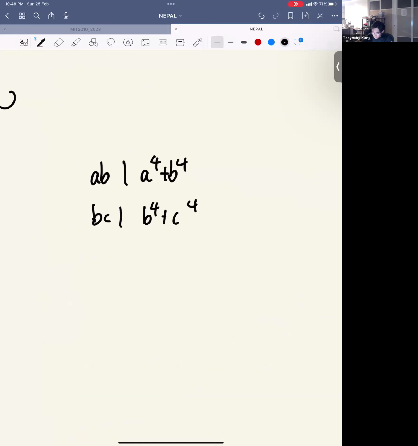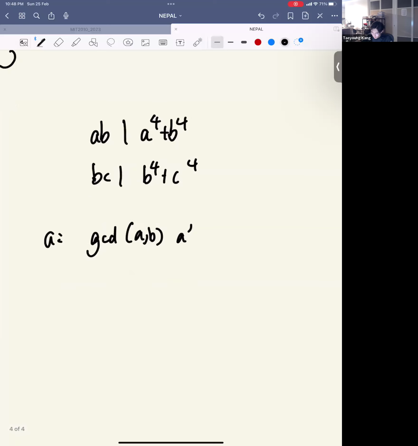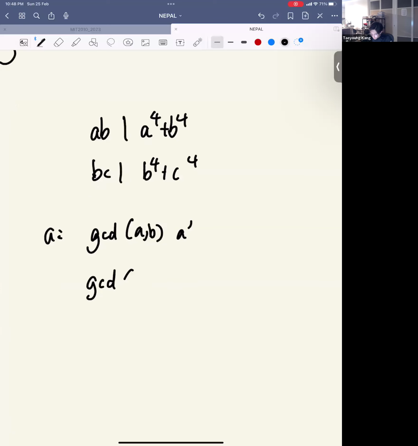if I just use the normal GCD, right? If I let A equal to the GCD, something like this, the problem with this is that the GCD of AB and the GCD of BC, these two things don't have to be coprime. They can share a common factor.